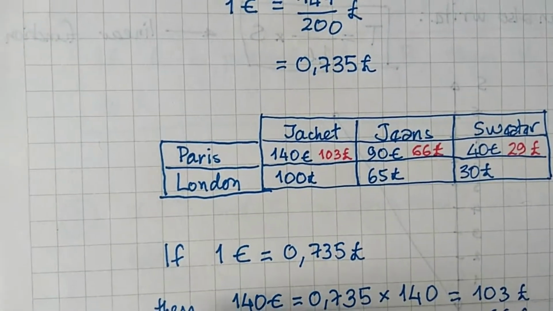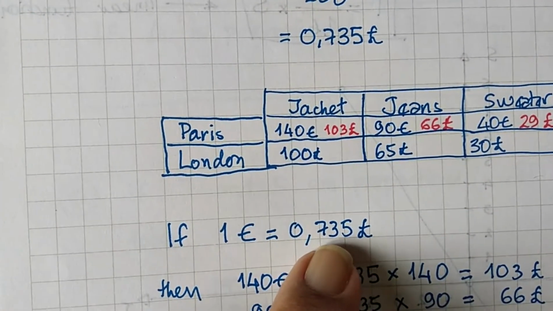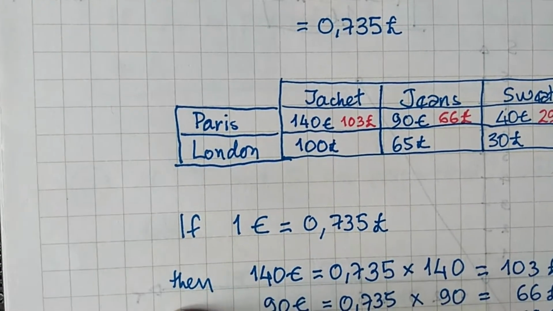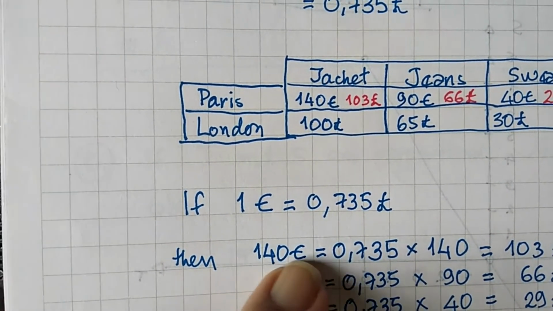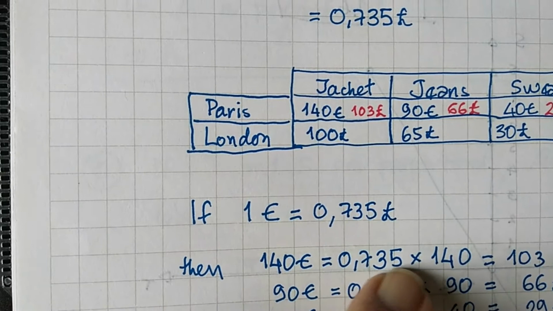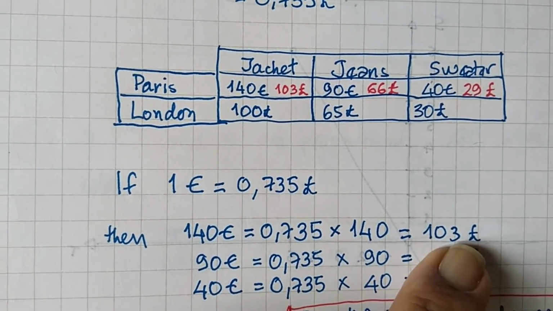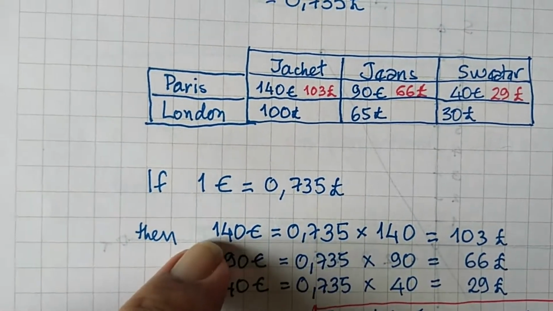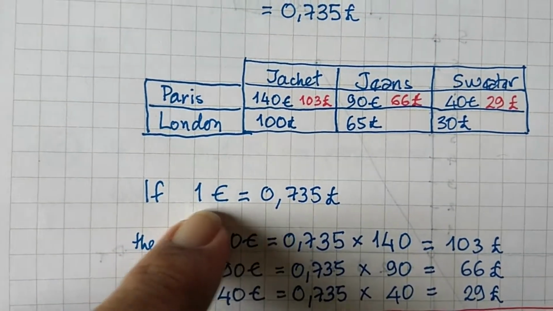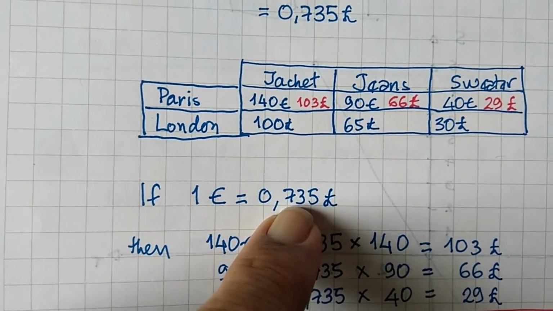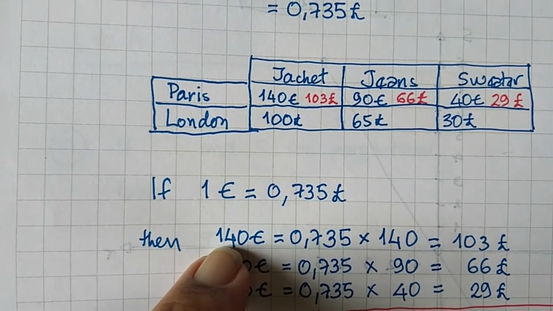So if 1 euro is equal to 0.735 pounds, then 140 euros is equal to 0.735 times 140, which is equal to 103 pounds.